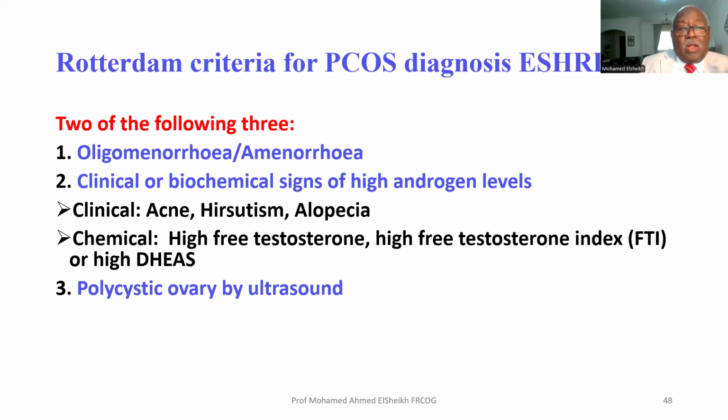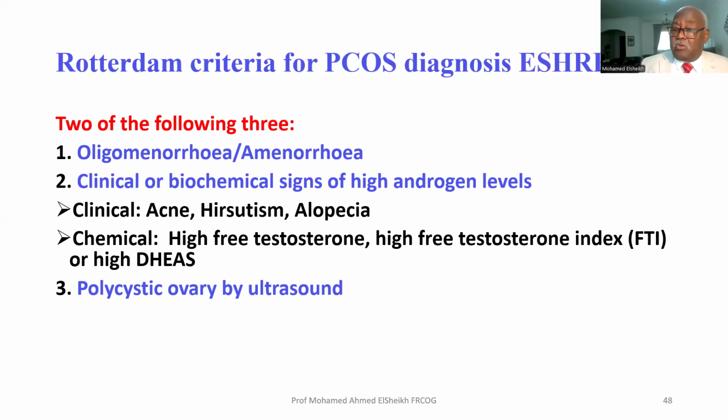The second is clinical or biochemical signs of high androgen levels. Clinically, you can see them by acne on the face, hirsutism, excessive hair, alopecia, baldness. These are the clinical signs you can see in the girls.